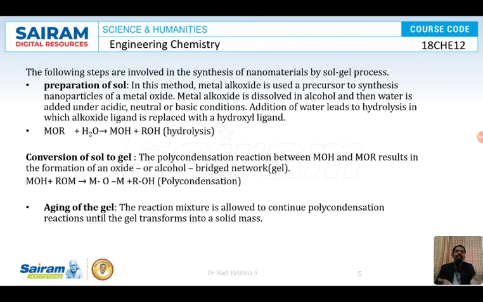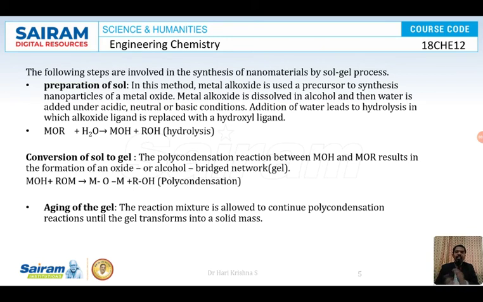Now we are supposed to convert sol to gel, isn't it? So now we do polycondensation. The gel is obtained by condensing the dispersed colloidal particles into a gel. That is, the gel is interconnected into a rigid and porous inorganic network enclosing a continuous space. So this transition from sol to gel occurs.